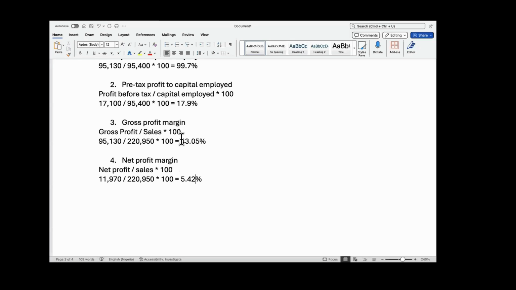Look at it again. Their GP margin, or gross profit margin, was 43%. Look at the fall when it comes to net profit margin. Again, this also corroborates my first hypothesis that this company is incurring hugely on overheads and finance costs.